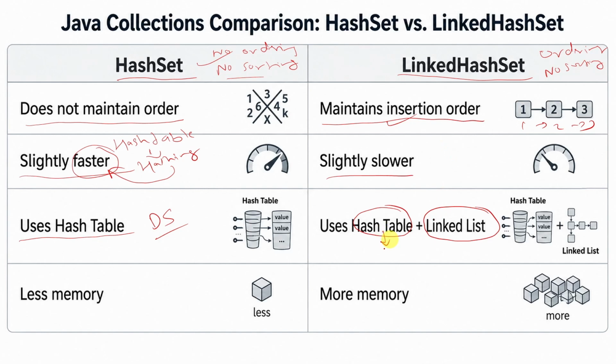The hash table gives faster performance, and the linked list gives ordering, it maintains insertion order. So it is using these two as the data structure, and these two properties it is getting. You should remember this point because it is a very important point: the internal data structure which HashSet and LinkedHashSet use. So HashSet uses less memory and LinkedHashSet uses more memory.